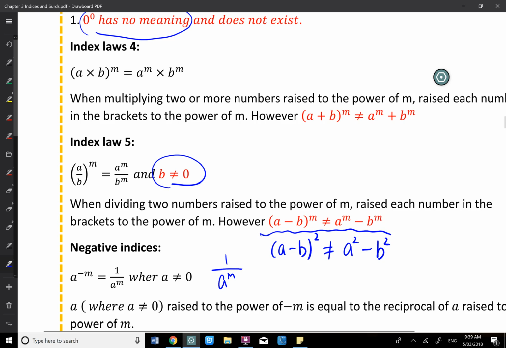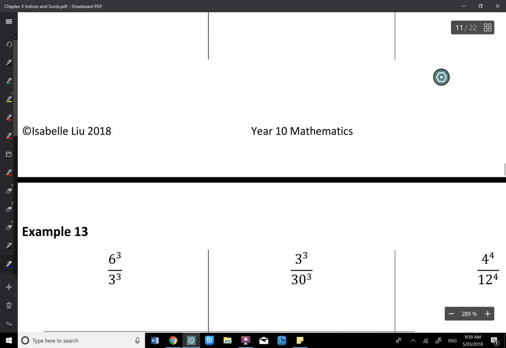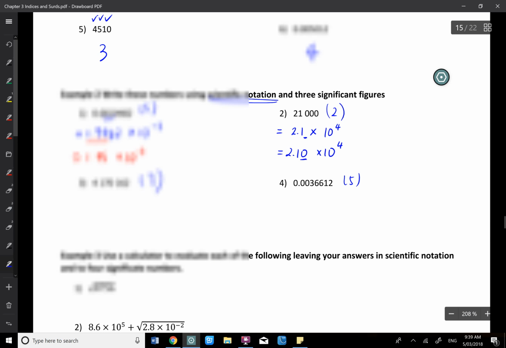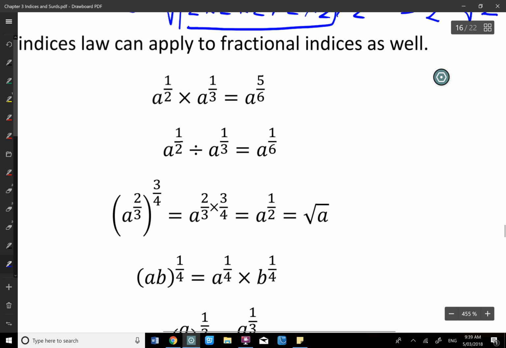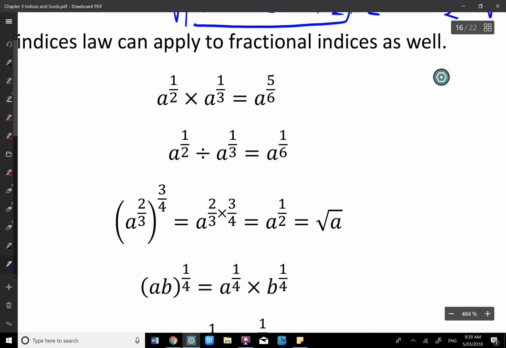So if we have a to the power of a half times a to the power of a third, you have the same base, so you just add the powers, and the power becomes 5/6. So you use a half plus a third.